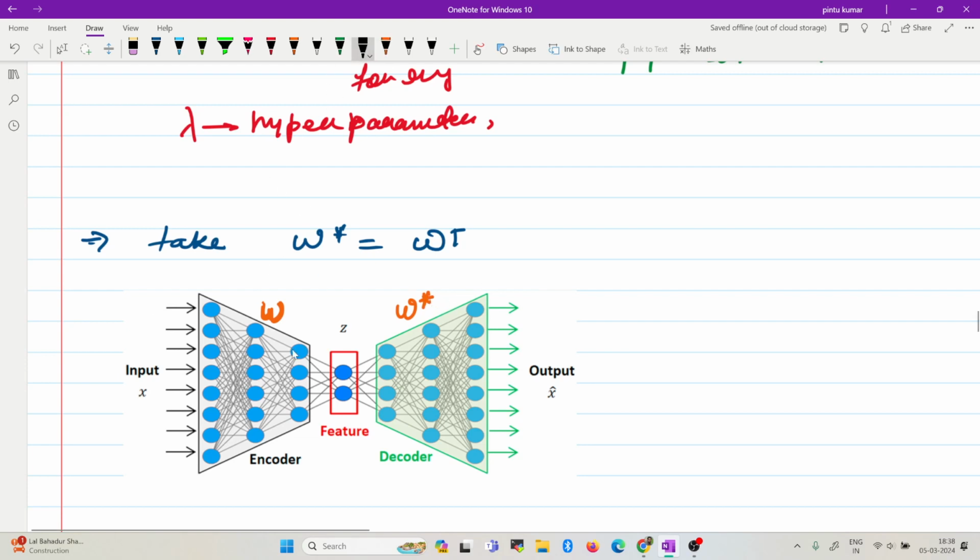Now let's say my W and W star don't have any relation among them. This not-equal sign does not mean that they are not equal, but I am representing that they don't have any relation among them.